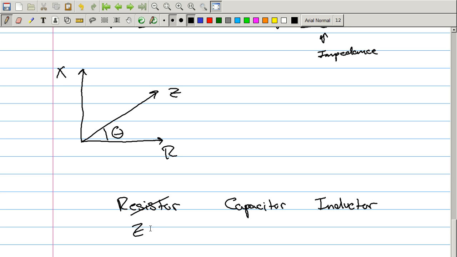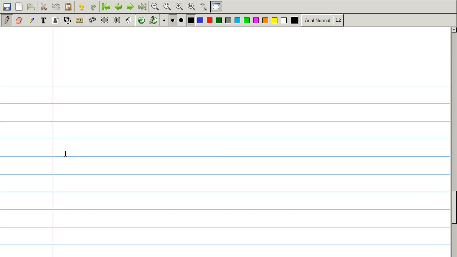The impedance for a resistor is just R, and in an ideal world, the impedance for a capacitor is just the reactance, and the same is true of the inductor. However, there is some level of resistance in both these components, but we'll talk about how to calculate that in just a moment.